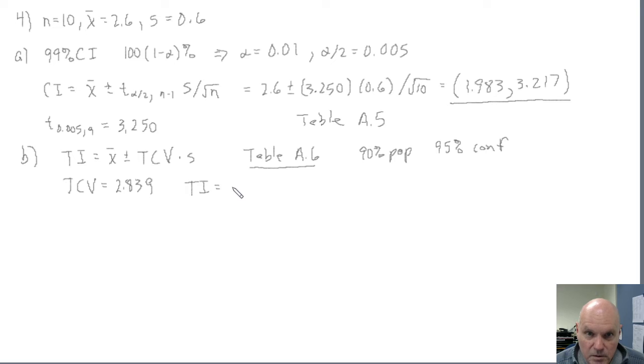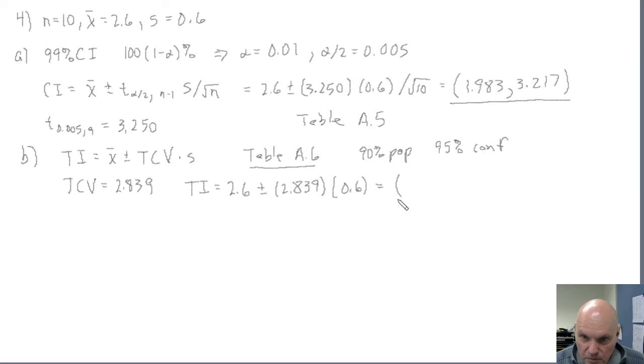Okay, and then so now the tolerance interval again is my sample mean, 2.6, plus or minus this 2.839, and then times the sample standard deviation of 0.6.